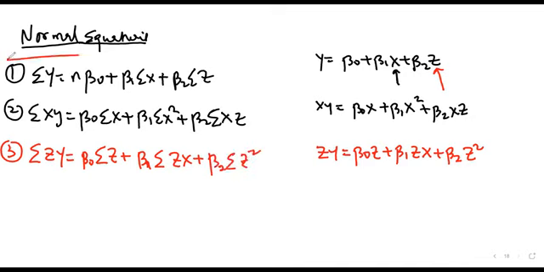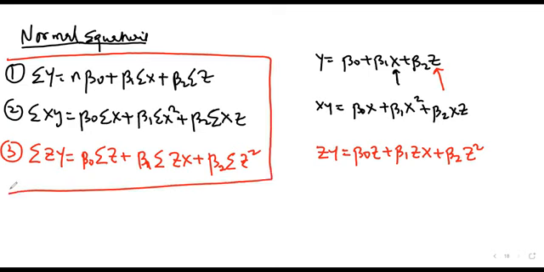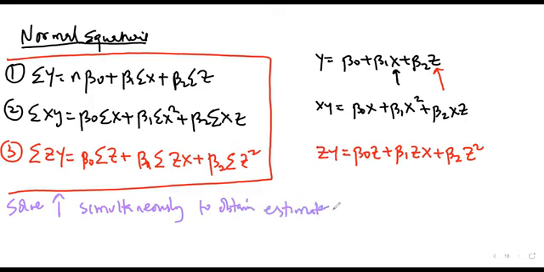So those are the three normal equations that we need to solve simultaneously to obtain estimates of beta naught, beta 1, and beta 2.